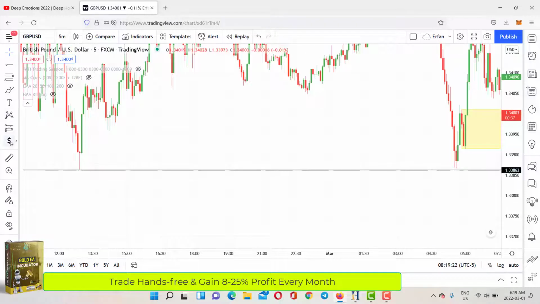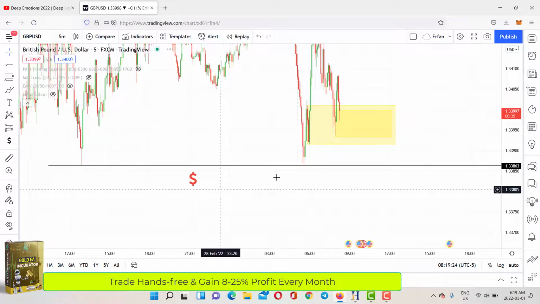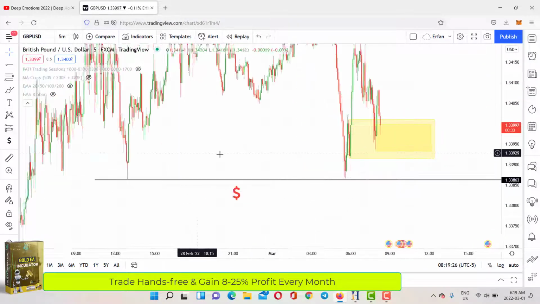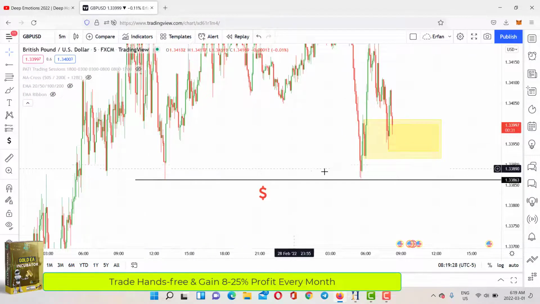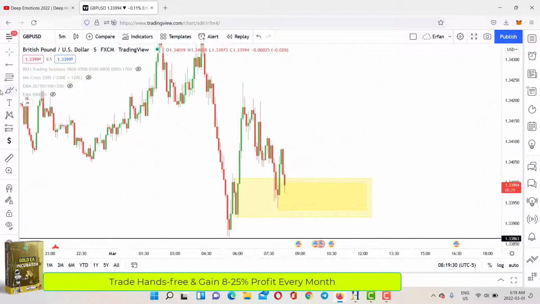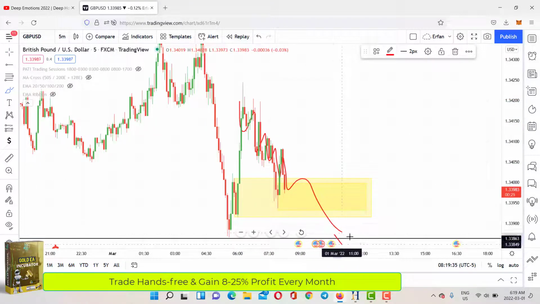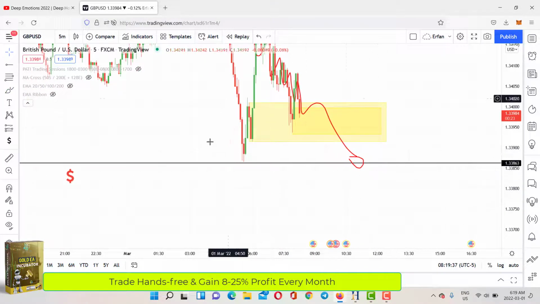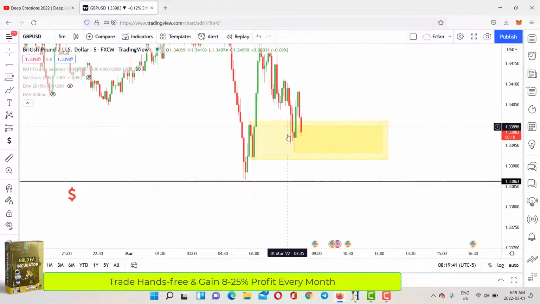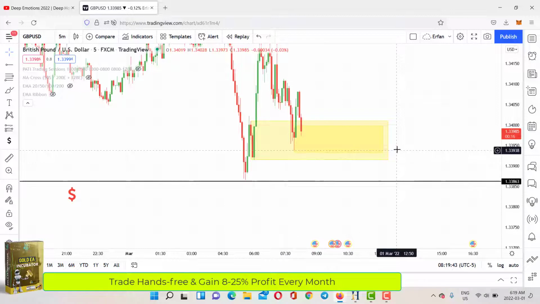We have so much liquidity around this area, so there's so many buyers around this area that need to get stopped out. So based on these higher highs and higher lows, maybe it just wants to grab all the liquidity around this area and then go up. We still don't know. That's why I'm waiting for this zone to see if it gets respected or not, and then after that I make my decision based on that.